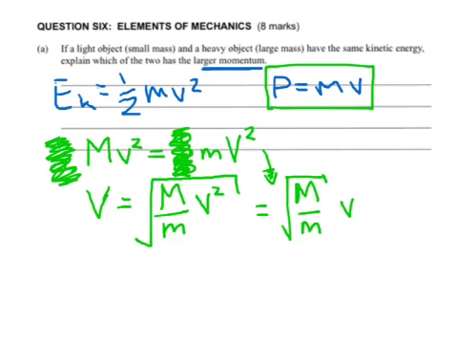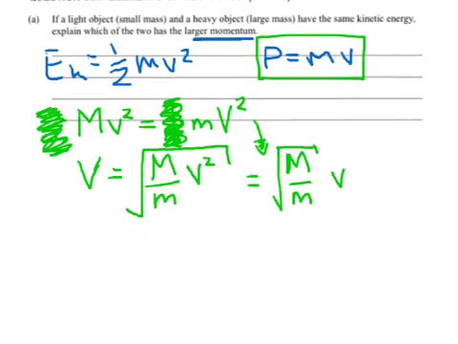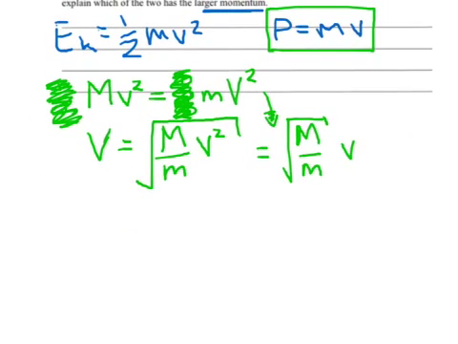So let's see now if we've got it reduced down enough to be able to tell which one has the larger momentum. We'll do the momentum of the large mass.